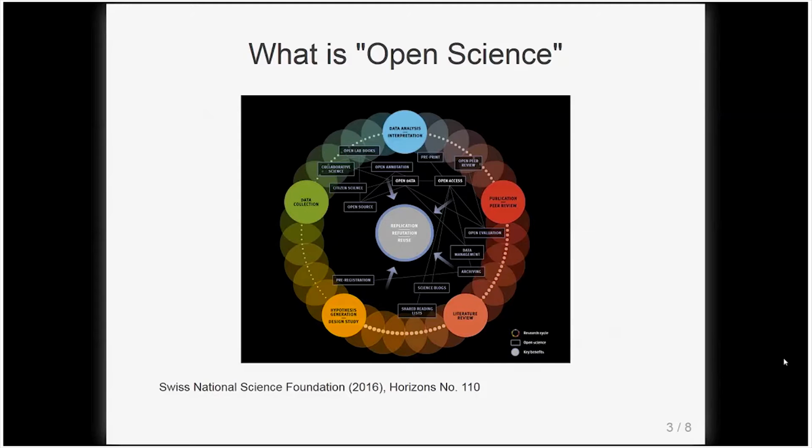So it's important to think about this not as just one thing, even though there are some very large and prevalent and salient elements like data sharing. This idea of open science should infuse all elements of our modern research process.